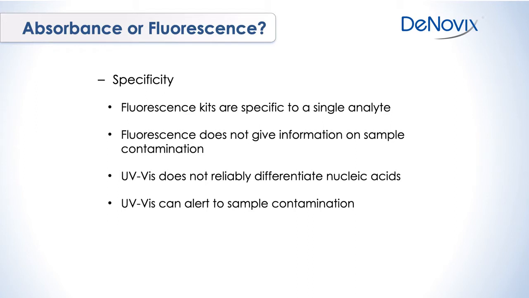But what UV-Vis can do, and does very well, is give you the ability to detect contamination in your sample. So contamination may be proteins, it may be phenol, it may be salts co-extracted when you do your DNA or RNA extractions.